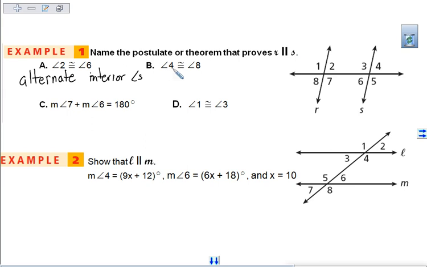Our next example, we're looking at angle 4 and angle 8 being congruent. So again, they are on different sides of the transversal, but this time they are outside of lines R and S. So they are alternate exterior angles.